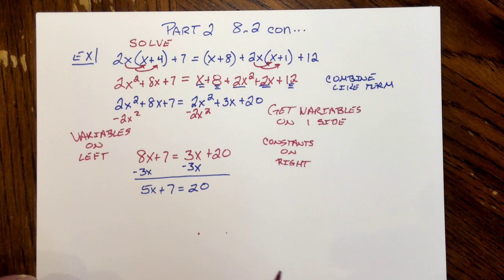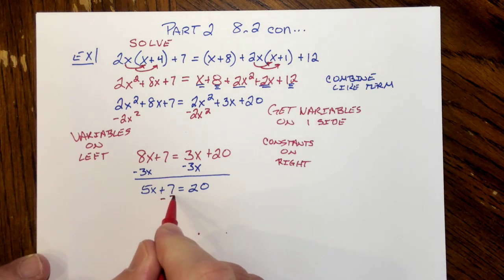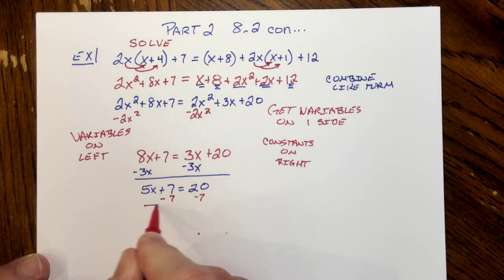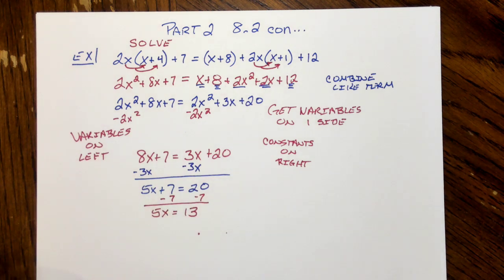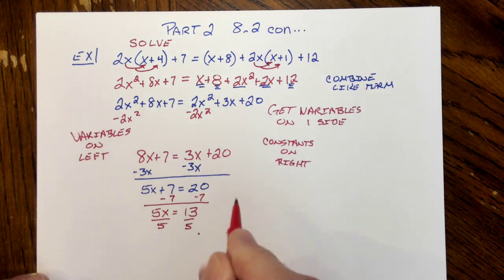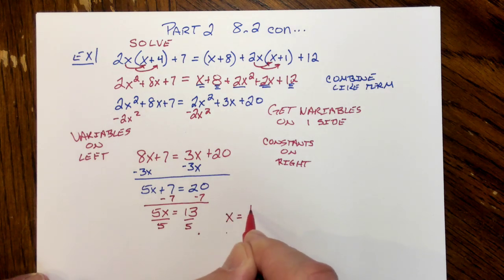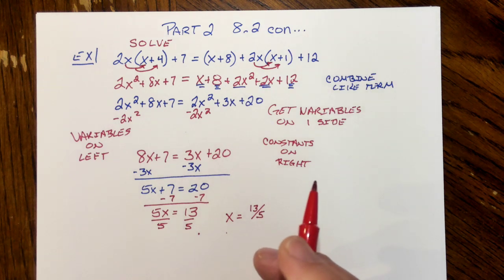So as we get rid of the numbers, I'm going to subtract 7 here, subtract 7 here. 5x equals 13. Final step, divide by 5. You can leave your answer as 13 over 5. Or as some of you will do, you'll say it goes in 2.6 times.